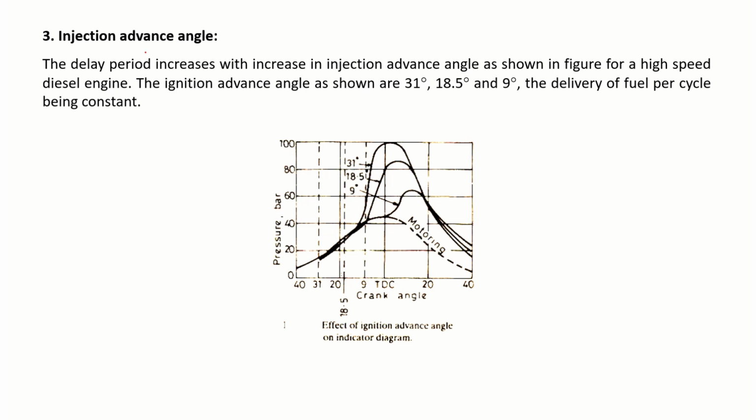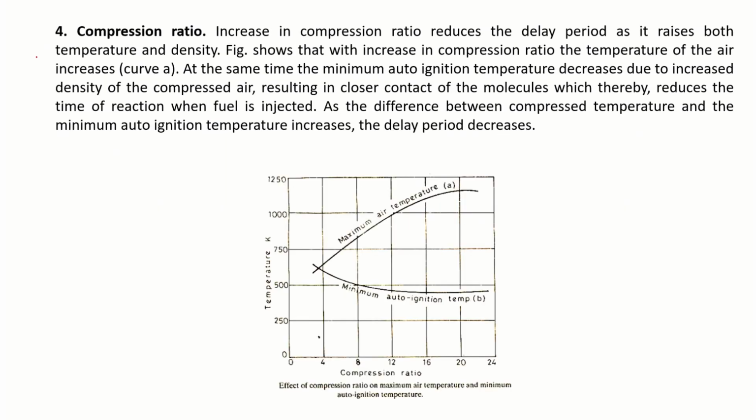Okay, injection advance angle, no. Here, though low pressure, low temperature and all that will definitely increase the ignition delay, it is better to have a very good, high compression ratio.